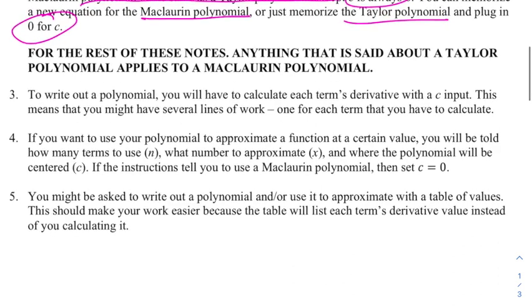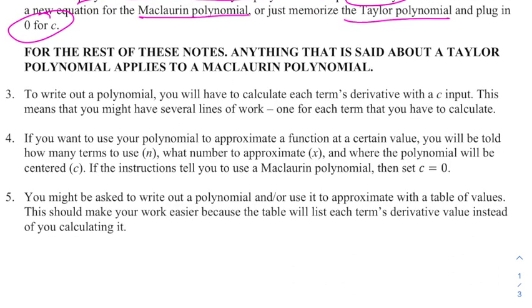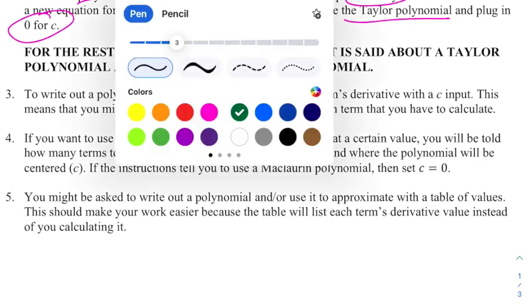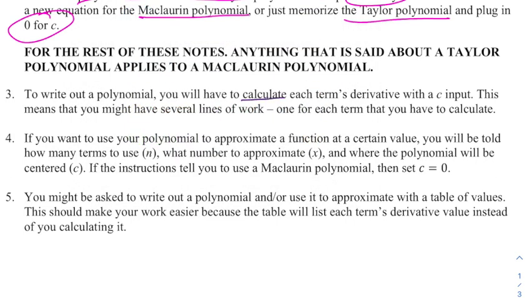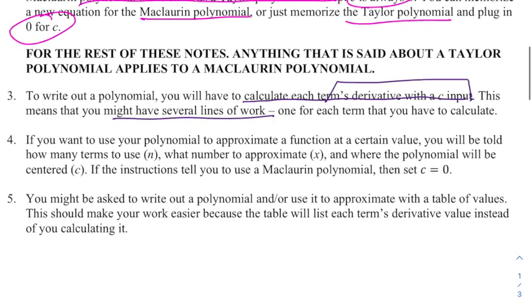All right. Now, let's talk about how to write out these polynomials, and this is what we'll practice here shortly. So to write out a polynomial, you will have to calculate each term's derivative with your c input. This means that you might have several lines of work.